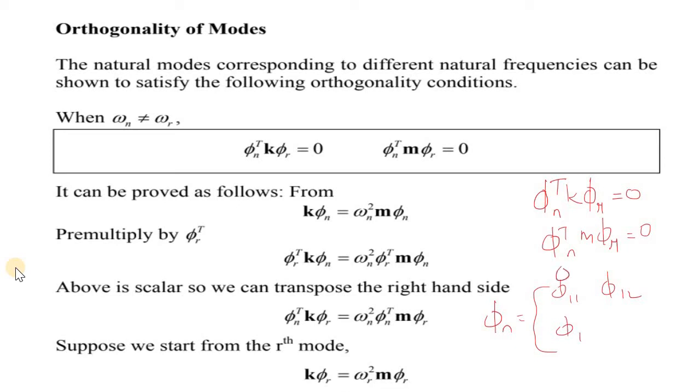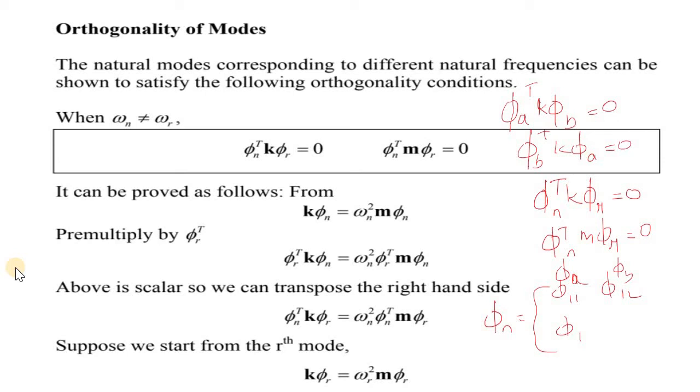So this one I am taking as phi a, this is phi b. If I take the transpose of a, then phi a transpose K into phi b is equal to 0. Similarly, phi b transpose K into phi a is equal to 0. Similarly for M also I can write.